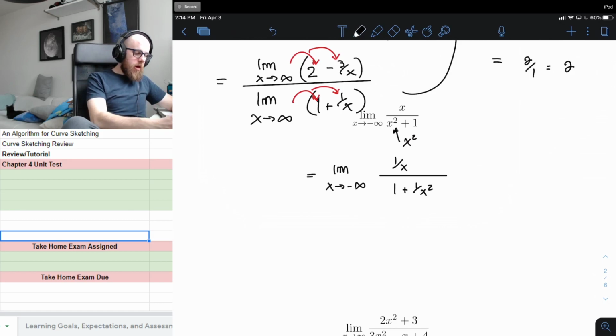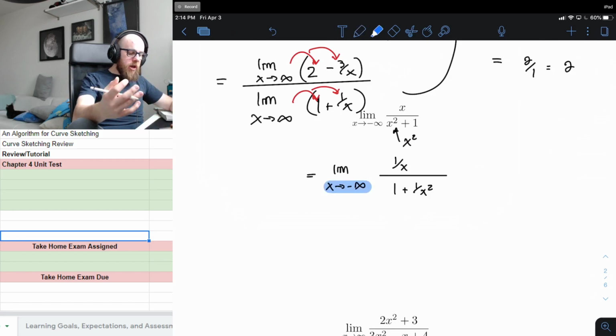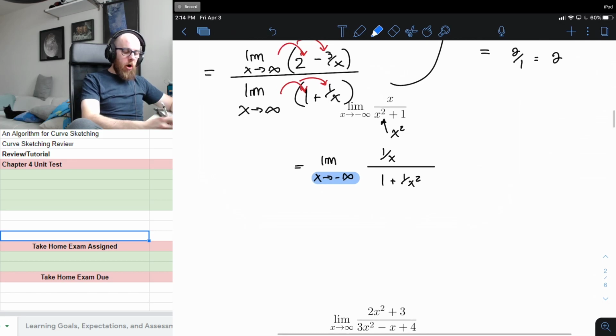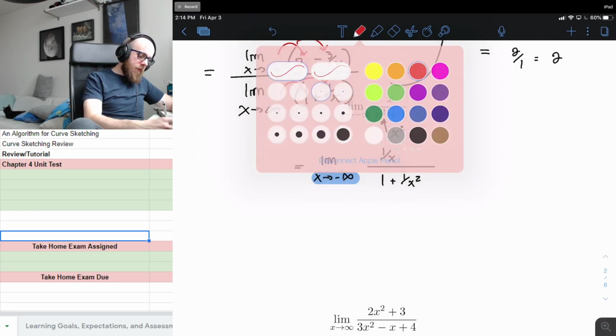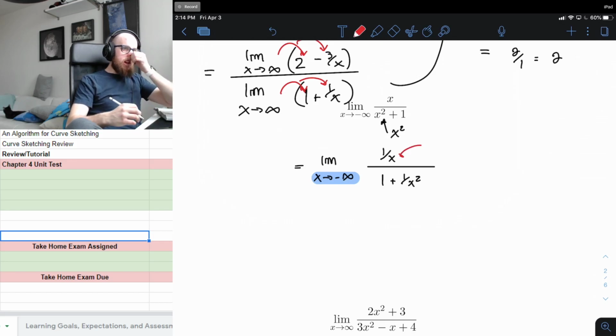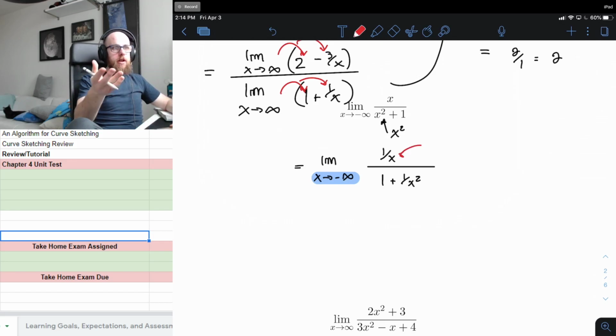Okay. Now, even though I'm taking the limit as x approaches negative infinity, really it's still a big negative number, right? And so I'm imagining plugging in a very large negative number into both the numerator and the denominator here. Well, if I put a really big negative number into 1 over x, the number I get will be negative, right? But it will be very close to 0.